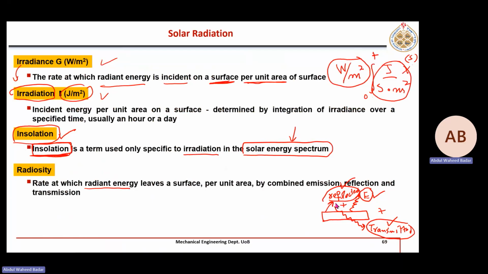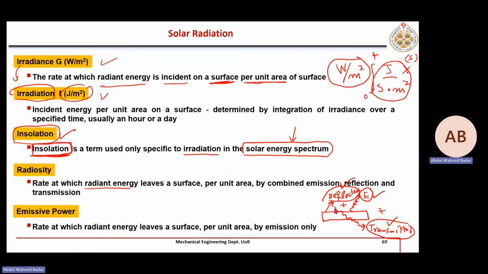Then another term which is used is called emissive power. It is only about this E, the radiation emitted by a body due to its temperature is called emissive power. The radiant energy that leaves a surface per unit area, in watts per meter square, by emission only.